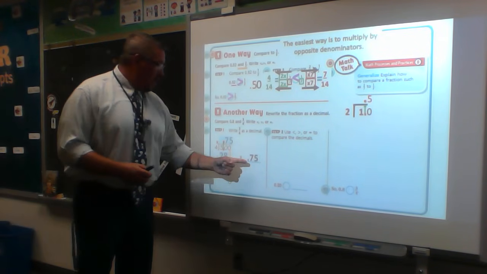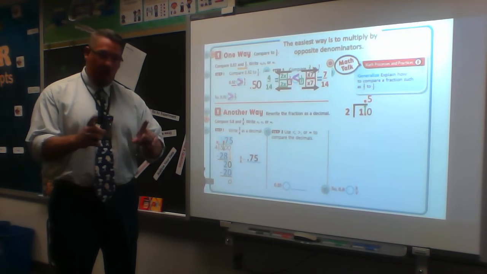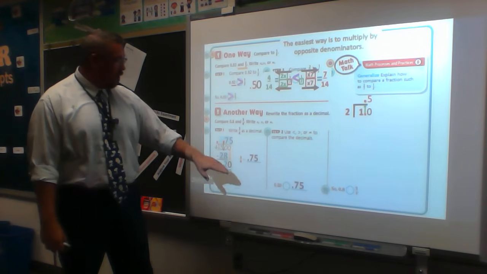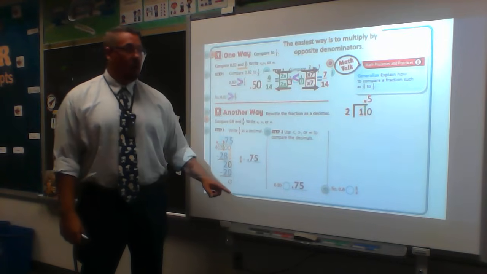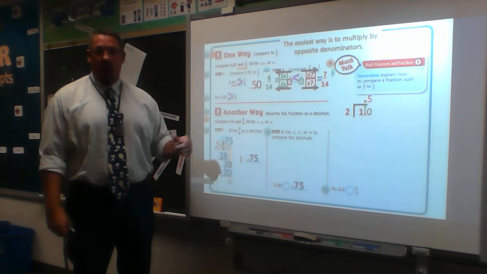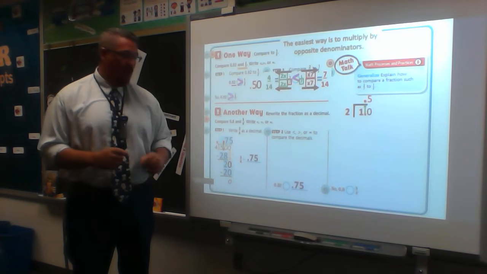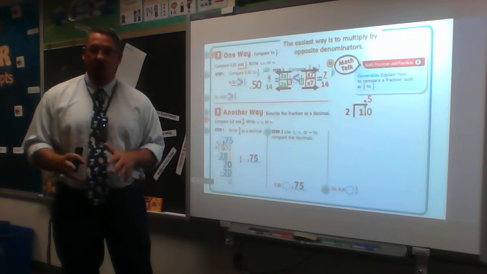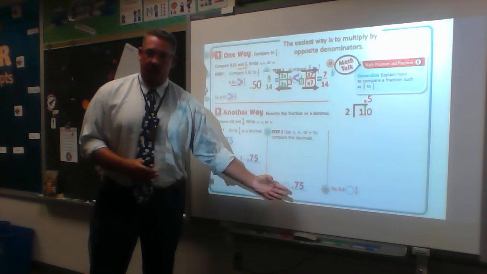When I've then changed that into a decimal, notice what they've done without even telling you why. If I put my decimal down here, this was 0.8, but now they have 0.80. So just as I said up here, I have to make sure that I have the same decimal spaces, because if I had 0.8 and 0.75 and I didn't, then I would have said, well, 8 is smaller than 75.